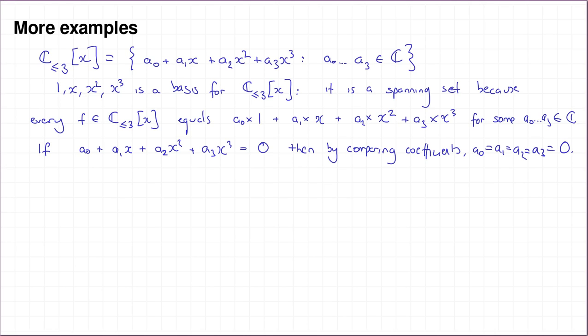So that means the only linear combination of 1, x, x squared and x cubed equal to the 0 vector in our space is the linear combination where all the coefficients were 0, and therefore these four things are linearly independent.